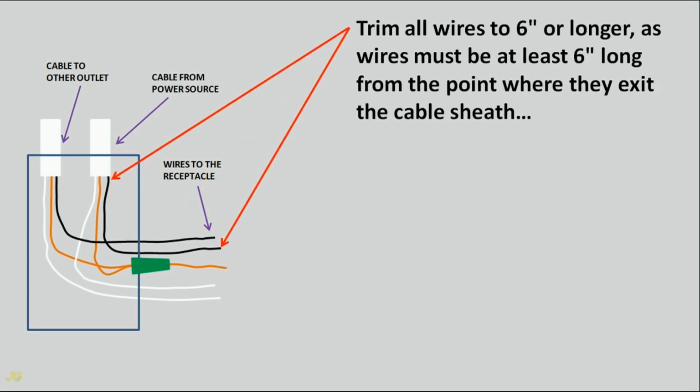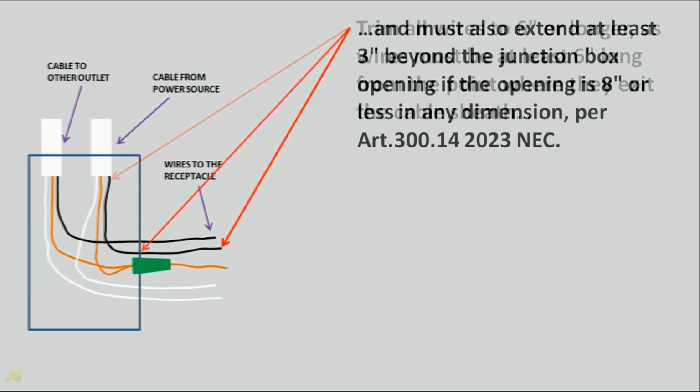Trim all wires to 6 inches or longer, as wires must be at least 6 inches long from the point where they exit the cable sheath, and must also extend at least 3 inches beyond the junction box opening if the opening is 8 inches or less in any dimension, per Article 300.14 2023 NEC.